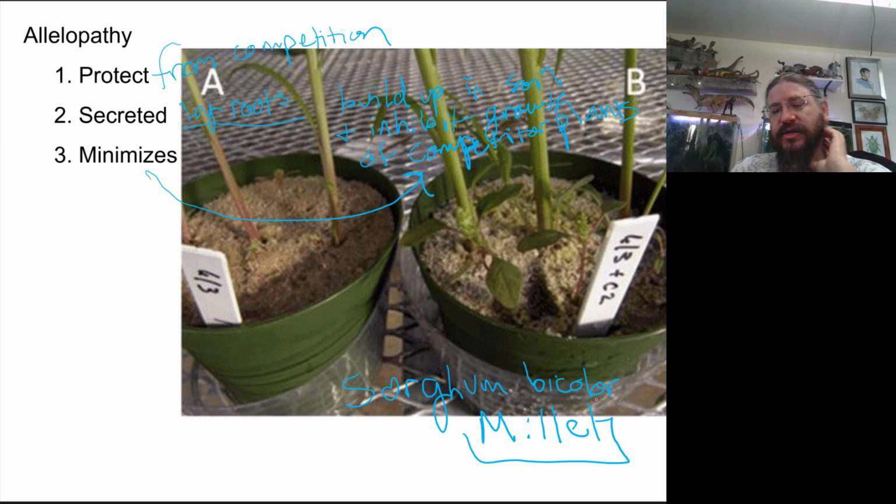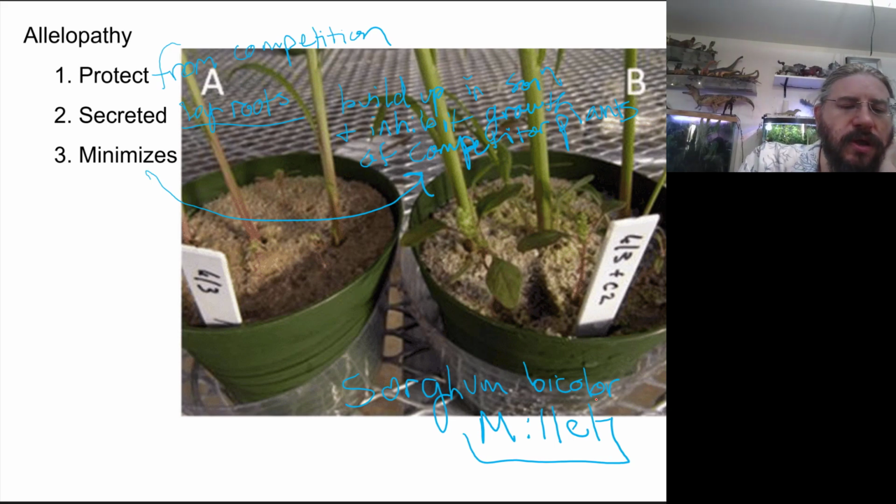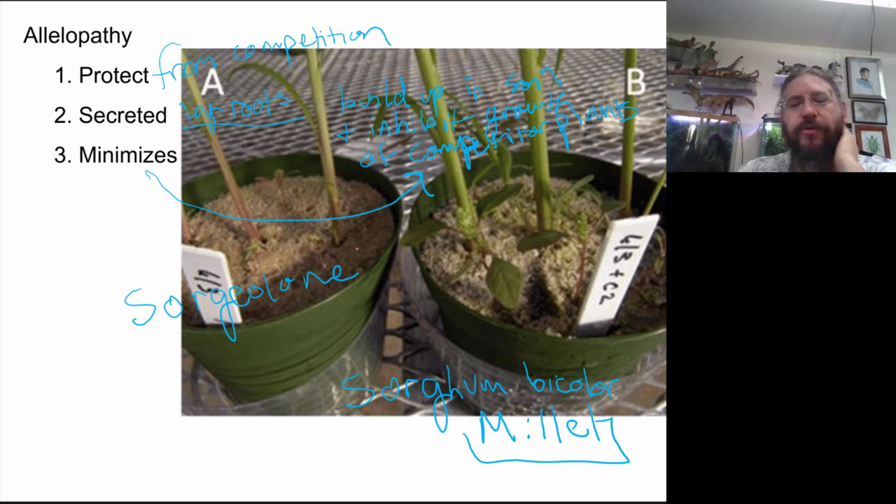Sorghum bicolor secretes a chemical, sorgoleone, I'm not sure. It secretes it from the roots into the soil, right? And it inhibits the growth of nearby plants. So it gets secreted by the roots into the soil.